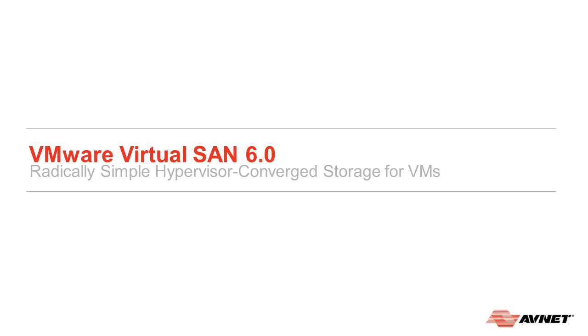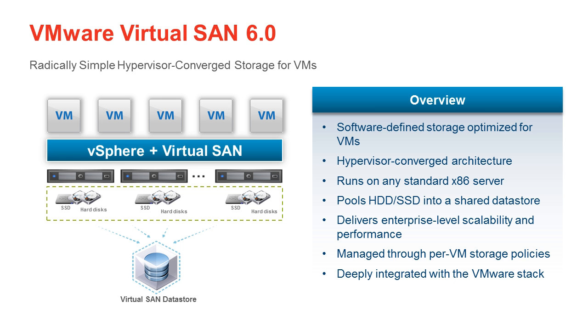All right, let's transition from talking about vSphere overall, and let's start talking about virtual SAN 6.0 and some of the things that we have that are new to that. If you haven't done much work with virtual SAN, this is the native hypervisor-based converged storage. So if you've previously been familiar with the disk virtualization options, you know it was appliance-based.